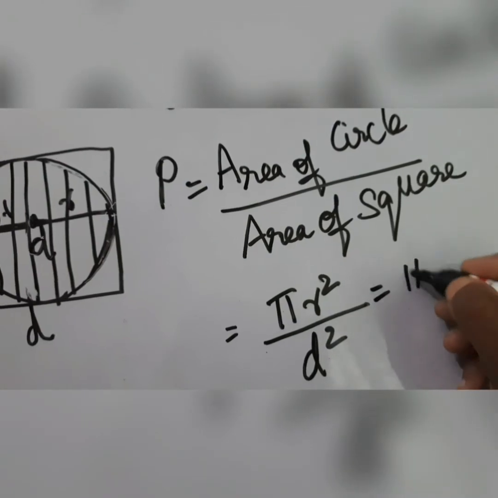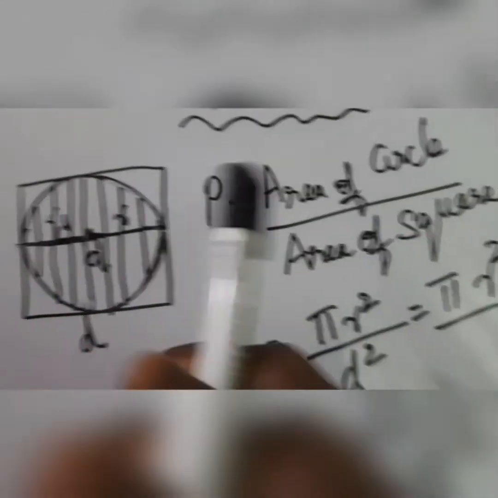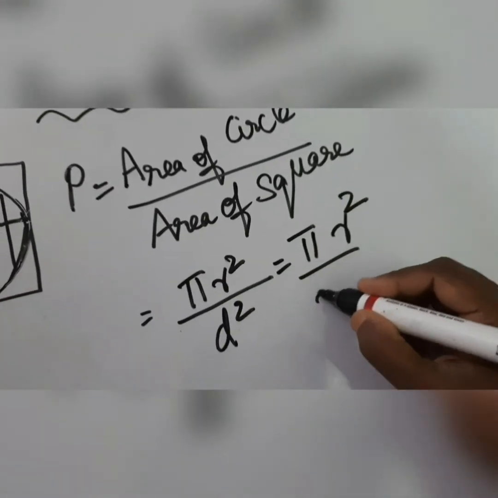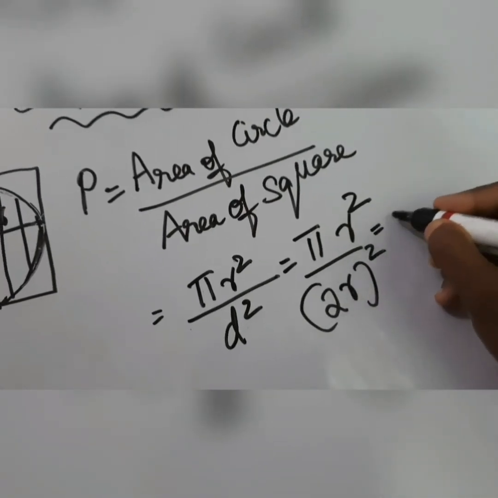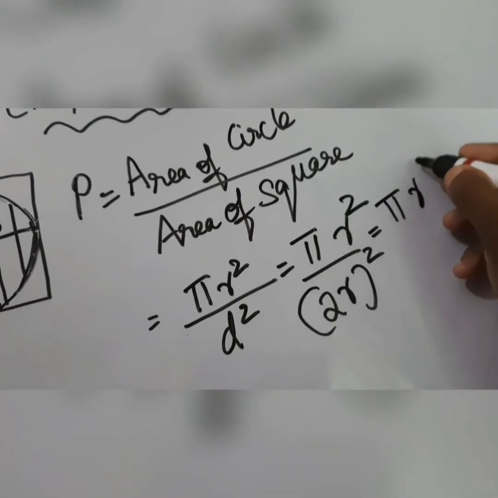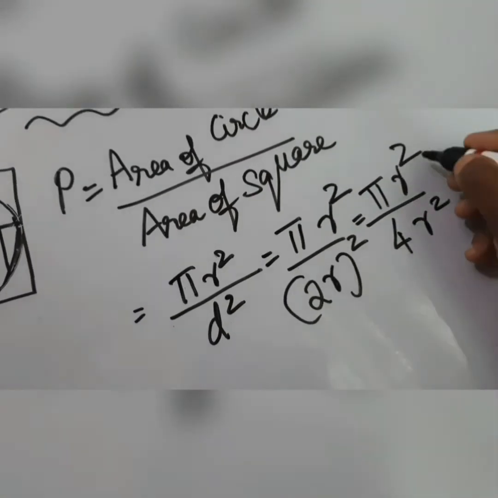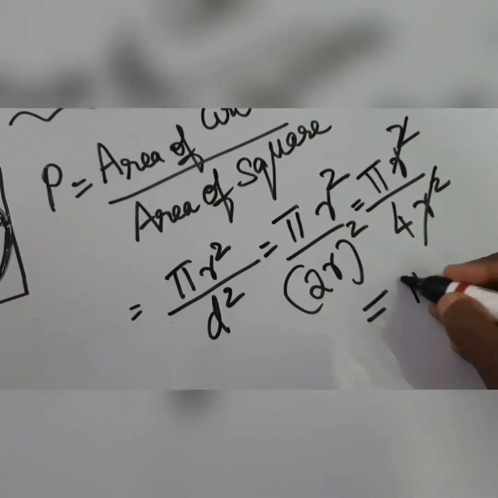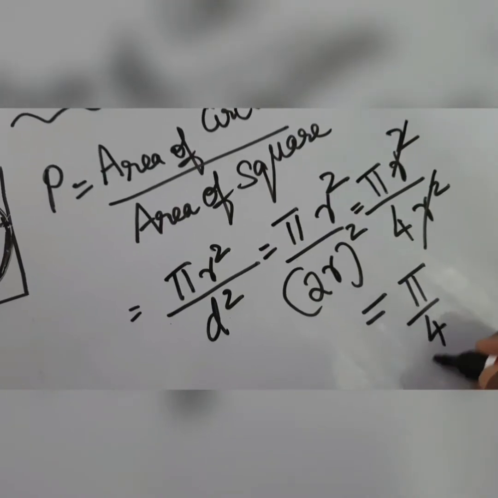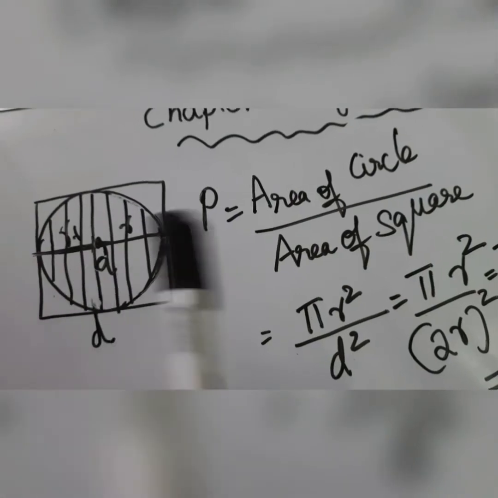What is D? D means 2 times R. So instead of D, we can write 2 times R whole square. That is equal to pi R square divided by 4R square. R square we can cancel. So the probability will come pi upon 4. So the probability of the dot lying in the shaded part is pi upon 4.